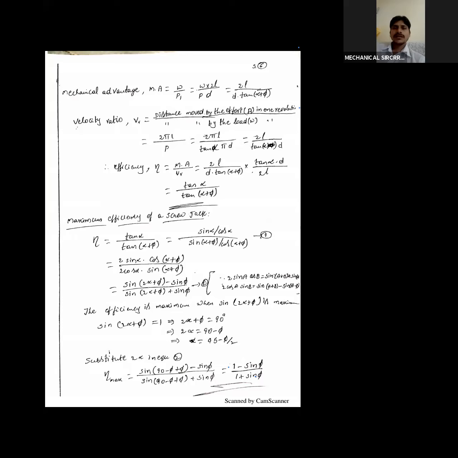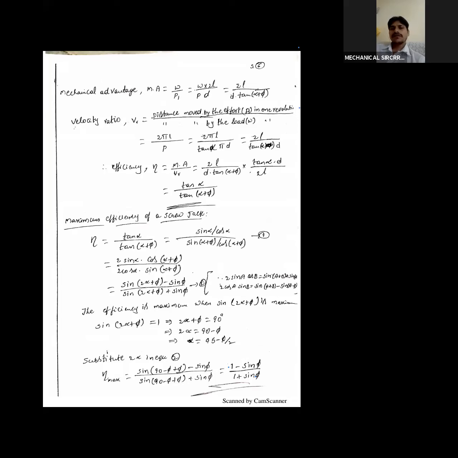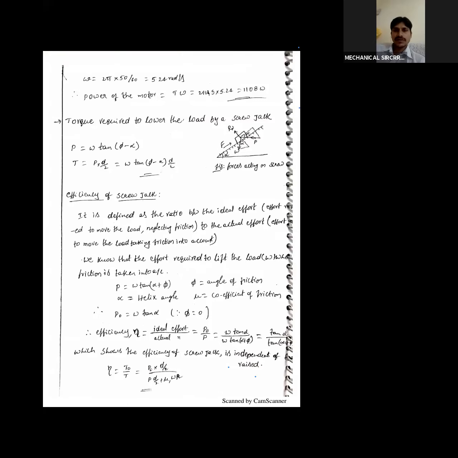Yes, okay, observe here. This P value is the effort required to lift the load, and this is different. And here, whenever we write P1, this is also separated with the symbol, so effort is also there. When you observe the derivation, we already wrote the P1 value.